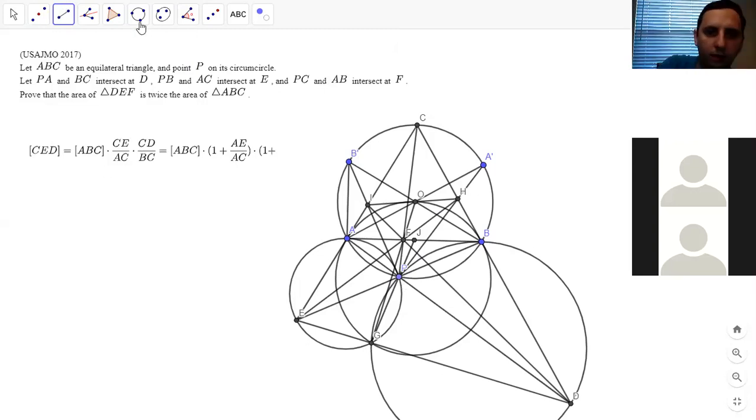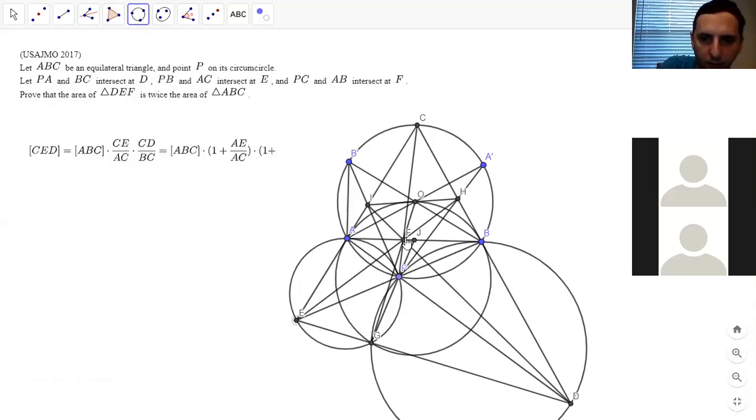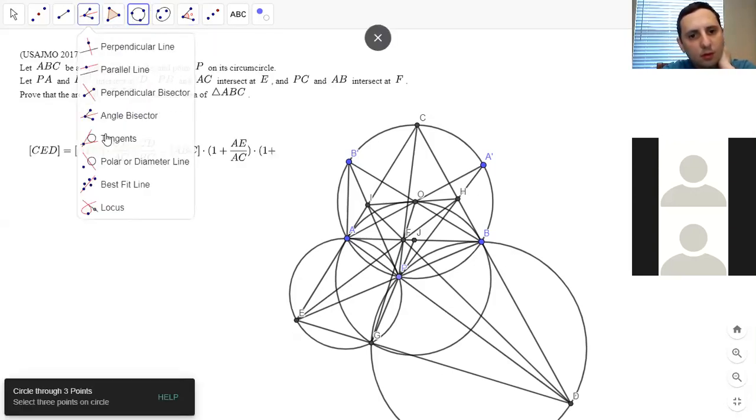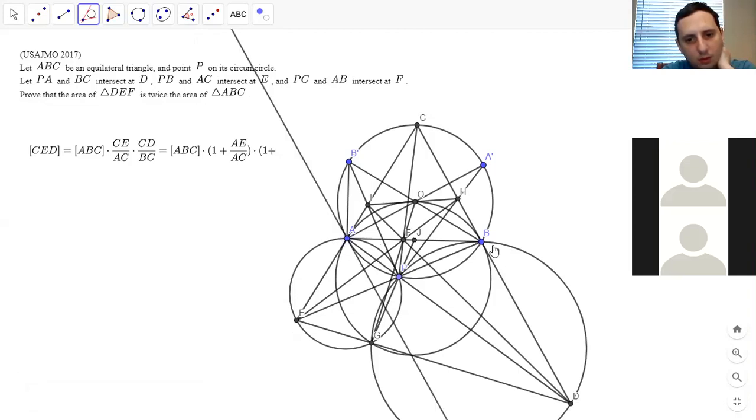And I wonder, let me draw the circumcircle of DEF. I don't know if it passes through J or something like that. No, it doesn't. Oh yeah, one more thing. Draw the tangents to the first circle through A and B. Then it passes through that point.